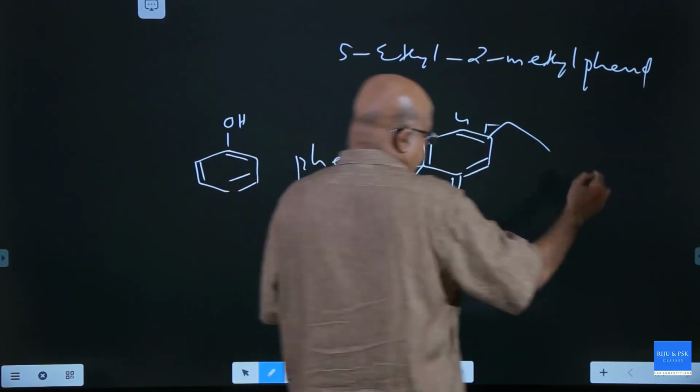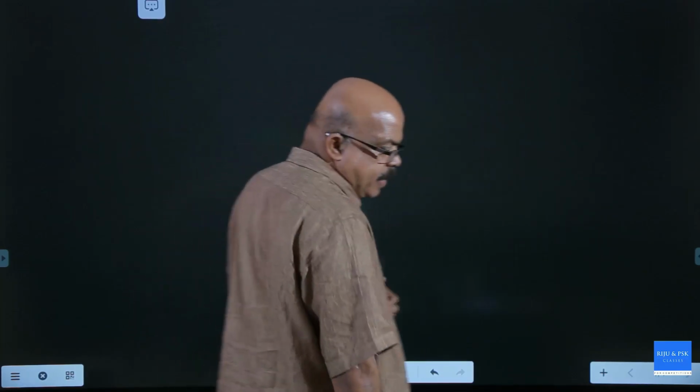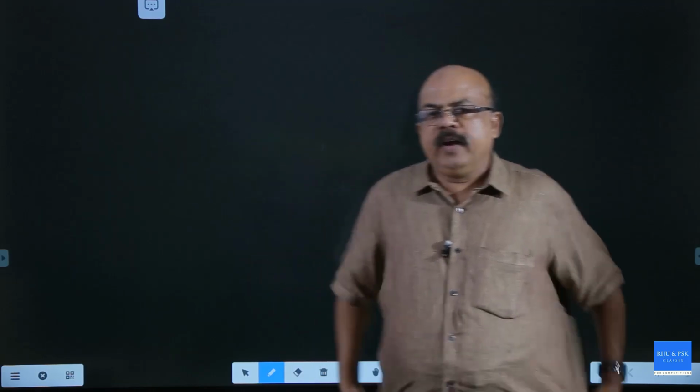If there is one OH group, the compound is named as alkanol, cycloalkanol, or phenol.